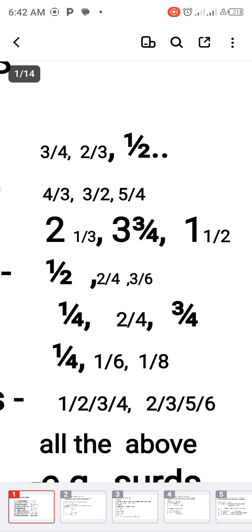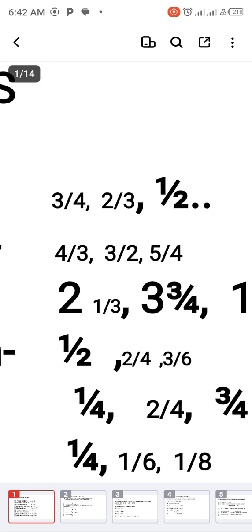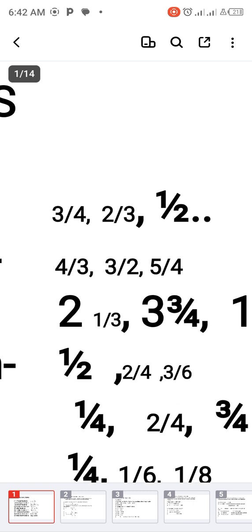As you can see, this first group of fractions are proper fractions. Their numerators are smaller than the denominators. And these are examples of what? Proper fractions. So that 3 over 4, 2 over 3, and 1 over 2 are proper fractions because their numerators are smaller than their denominators.